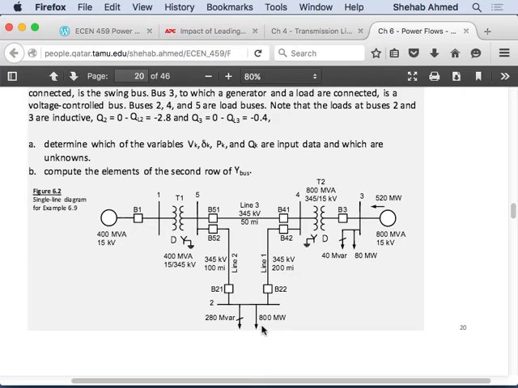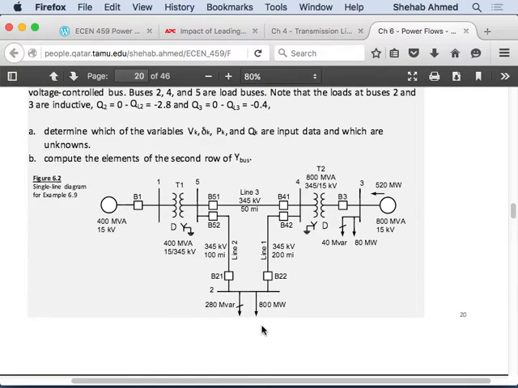We solved it manually, right? We came up with the Y bus, then we wrote the power flow equations. We decided what variables are there, what variables are not there, and we came up with the power flow equations. And then we figured out how to build the Jacobian matrix and calculated some elements in the Jacobian matrix.